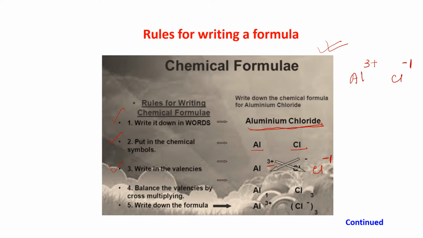If you do not write 1, it is understood that 1 is there. First you have to write the valencies at the top, and then you crisscross. Bring this 1 here with Al and bring this plus 3 to Cl.